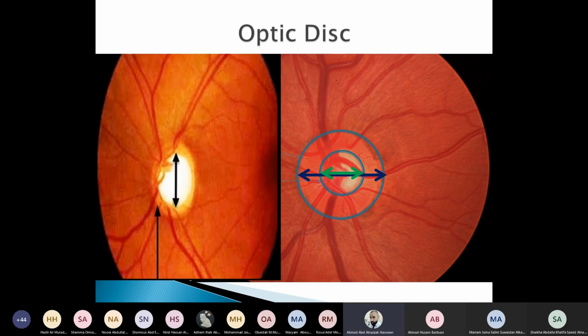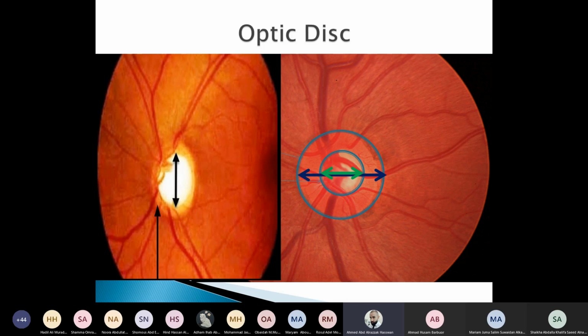I think we have heard about this before. We heard about cupping of the optic disc yesterday in the PBL case. We heard about papilledema before, maybe in the week of increased intracranial pressure. We said we will discuss that later on. So actually these abnormalities are abnormalities in the optic disc.